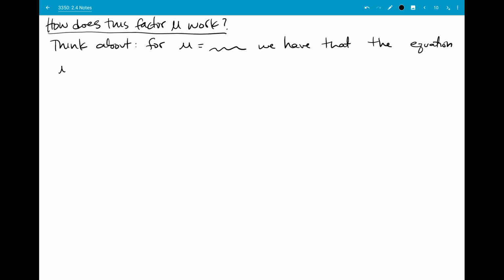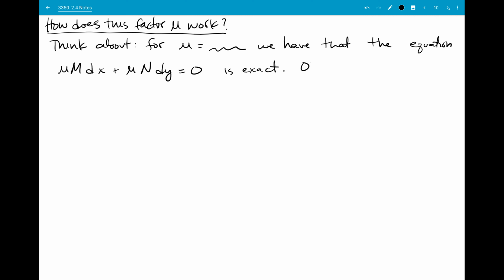The equation mu times M dx plus mu times N dy equal to 0, where we multiply everything through by mu, is exact.